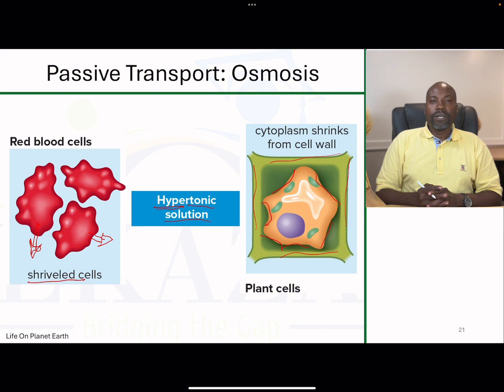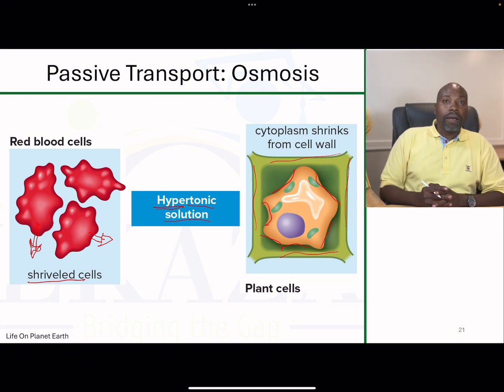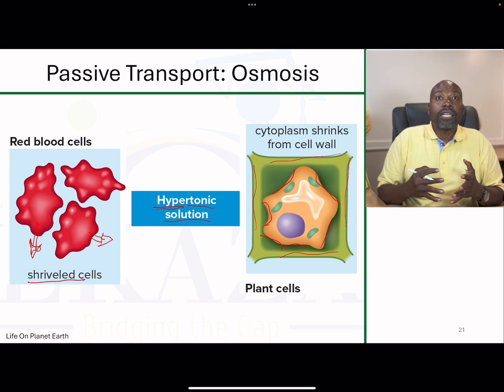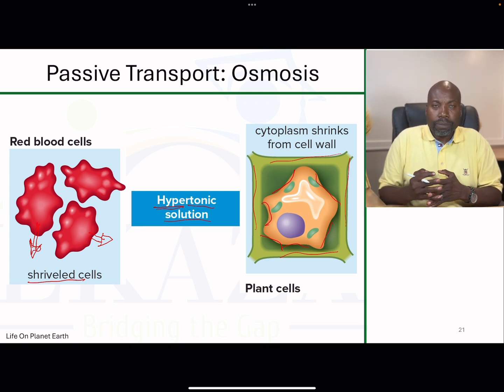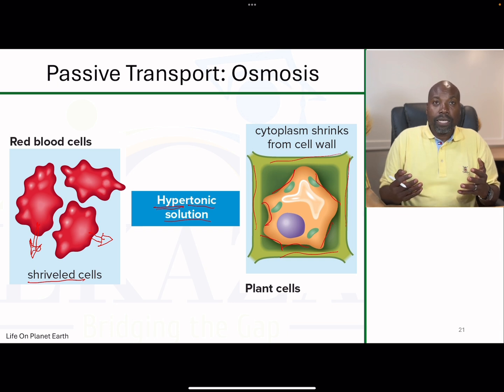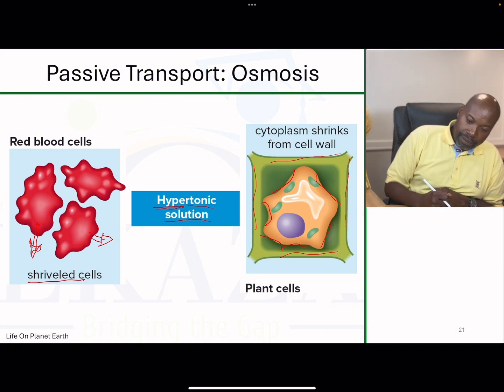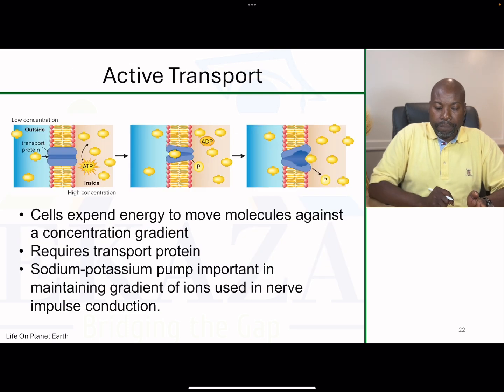You know, rather than being like this, they're going to be like this, okay? This is what happens during hot and dry days, right? During hot and dry days, the plants lose water so that the outside environment becomes hypertonic. Water is going to leave the inside of the cell to go outside of the cell, and overall the plants are going to be like this, okay? All right.